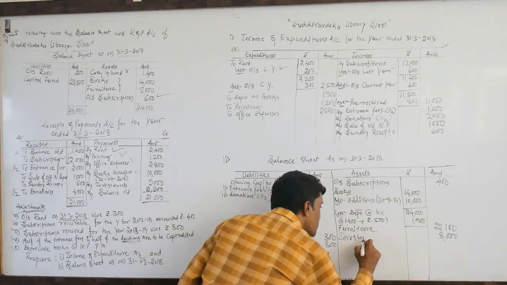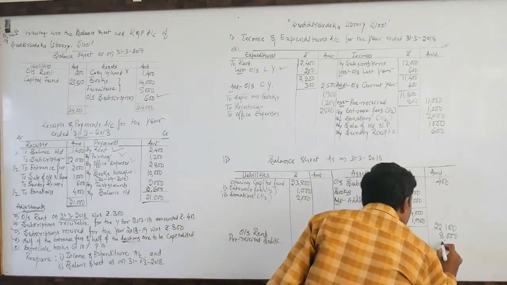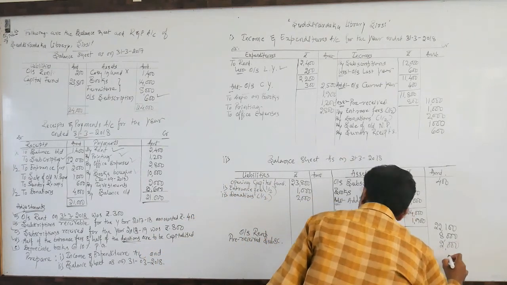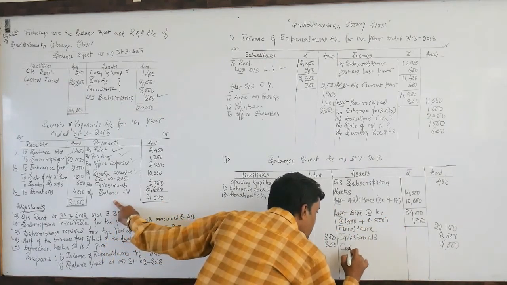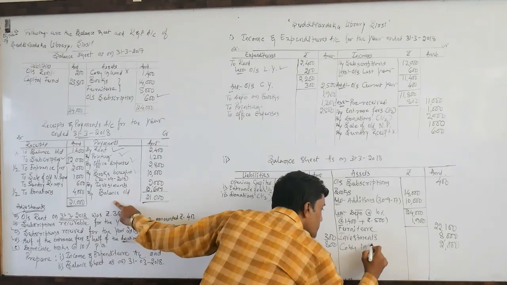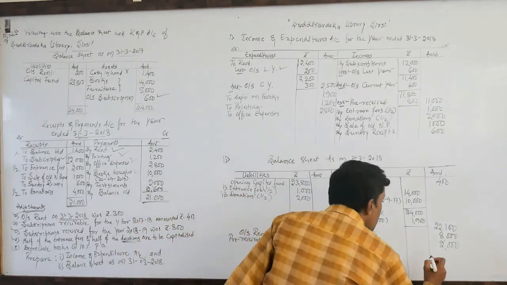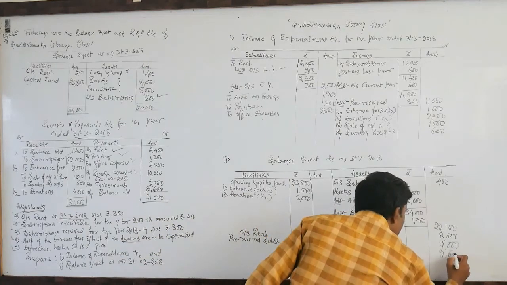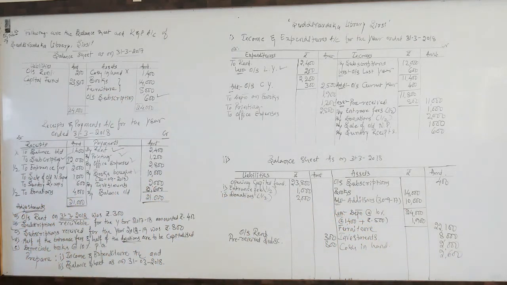Investments 2,000. This is the closing cash. Cash in hand 2,600. With this I have covered the entire problem.